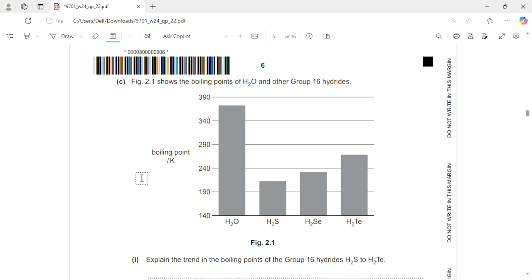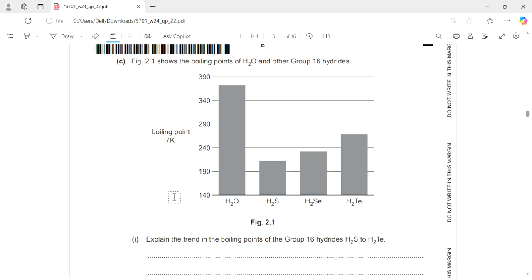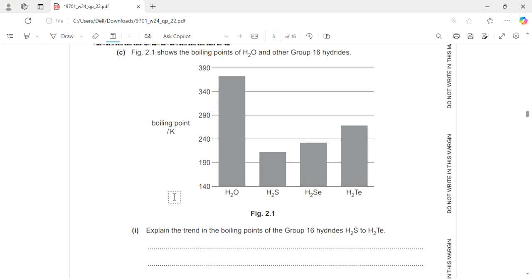Part C. Figure 2.1 shows the boiling point of the H2O and the other group 16 hydrides. Explain the trend in the boiling points of the group 16 hydrides from H2S to H2Te. Okay.